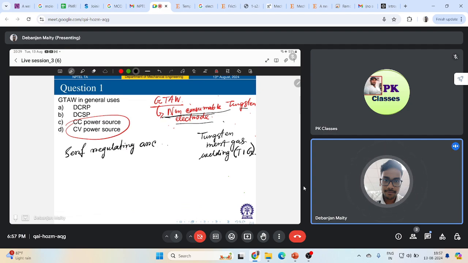or if you want to maintain your arc length. So let's say your electrode is consumable in nature. What will happen?